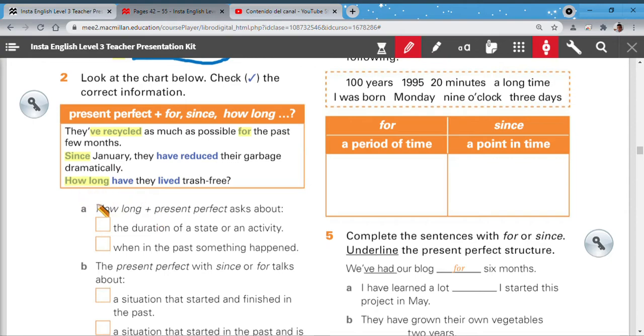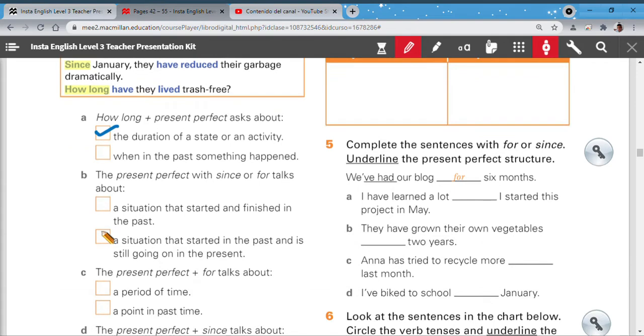Remember, I said a period is this one. Okay? Letter B. The present perfect with since or for talks about a situation that started and finished in the past, or a situation that started in the past and is still going on in the present.